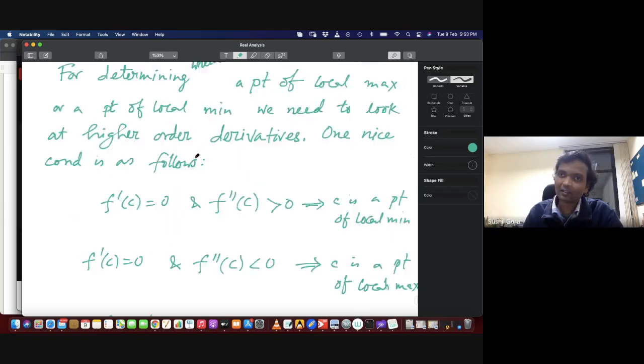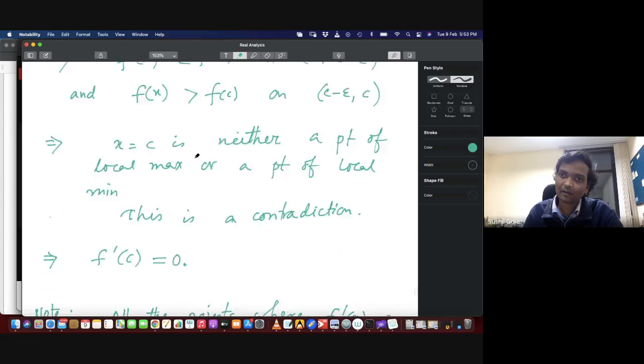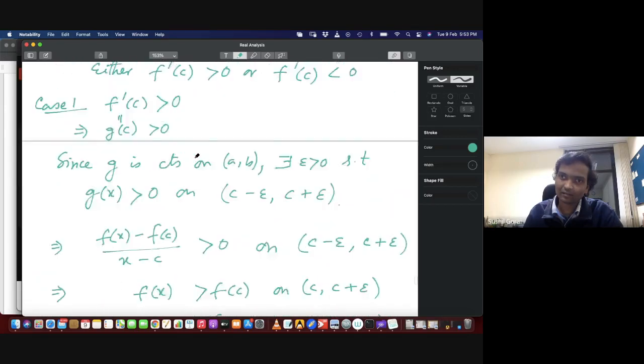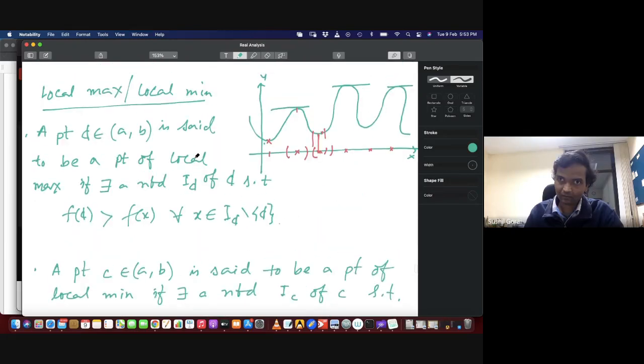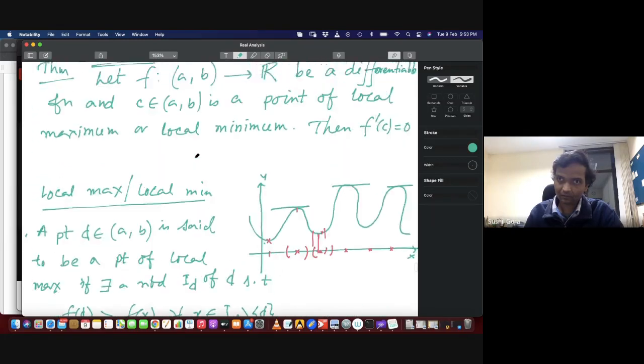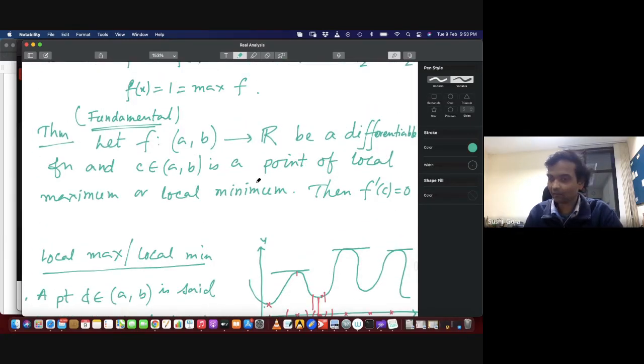But this theorem is fundamental. Yeah, this theorem is very important.